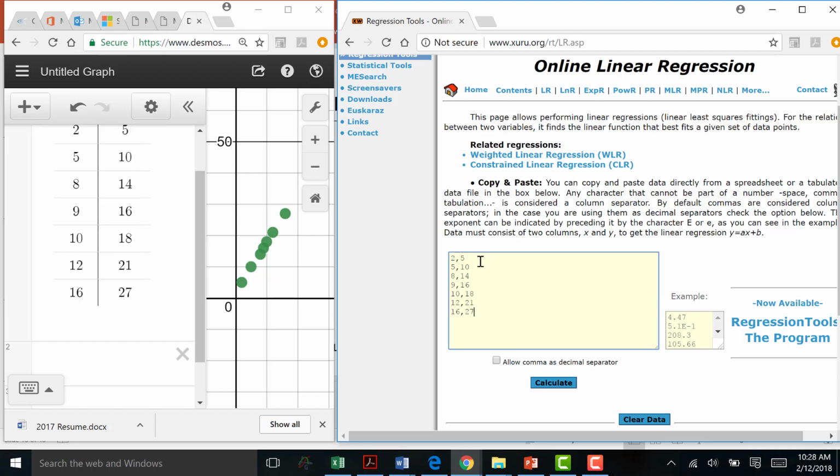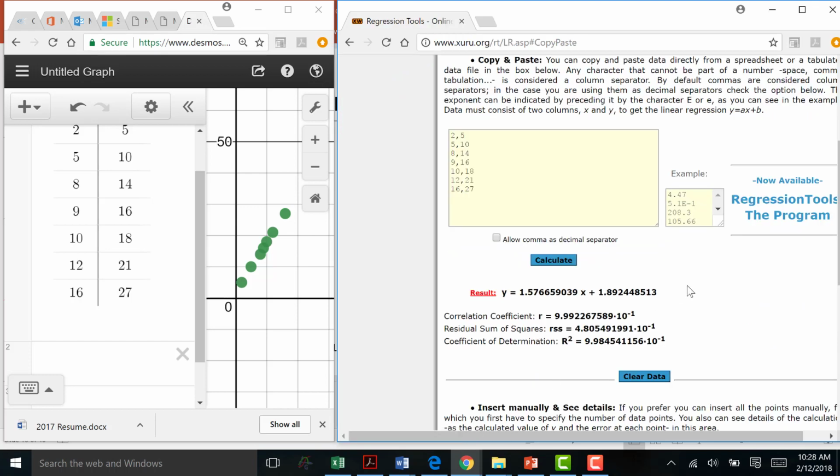All right, if you got it, hit the word calculate at the bottom of the screen. See where the word results is? That's all you care about. Don't look at anything else on that page, but where you see the word results in red, that's your equation that matches this data. That's your equation.